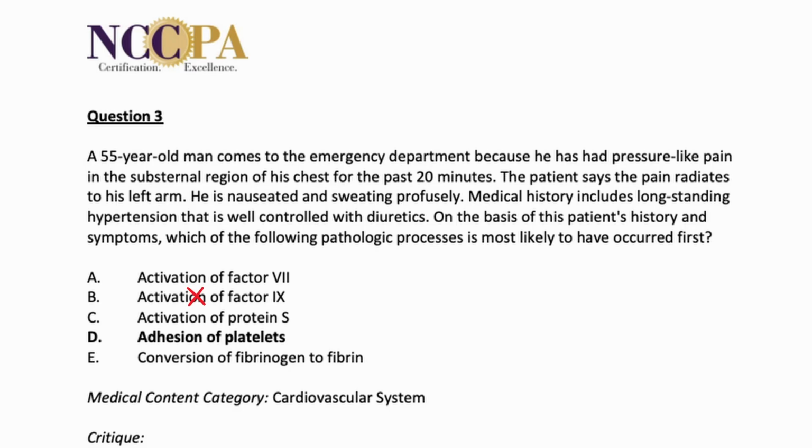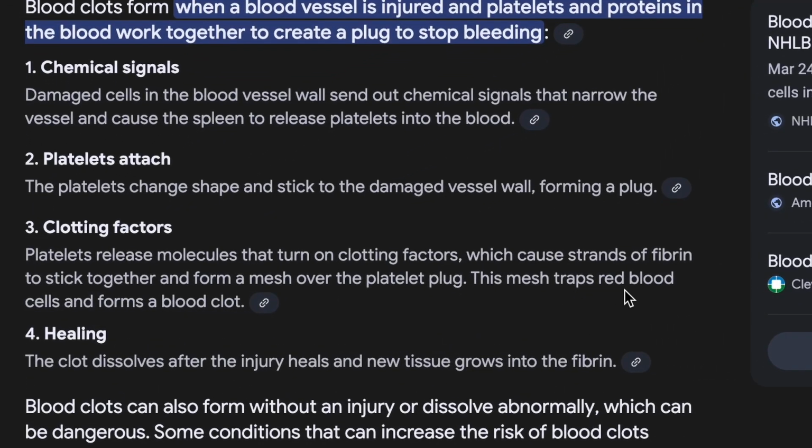So these first three, A through C, can be out. And then there's conversion of fibrinogen to fibrin. It doesn't say that, but it does say right here that it causes strands of fibrin to stick together and form a mesh. But if you're still not sure that that fibrinogen to fibrin is what they're talking about that comes later, you could spend, if you have the time still, to look through and convince yourself and make sure you're 100% sure of the answer.